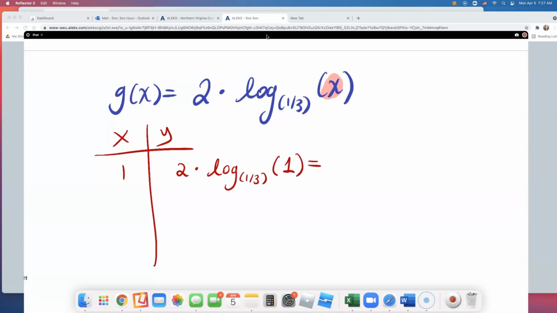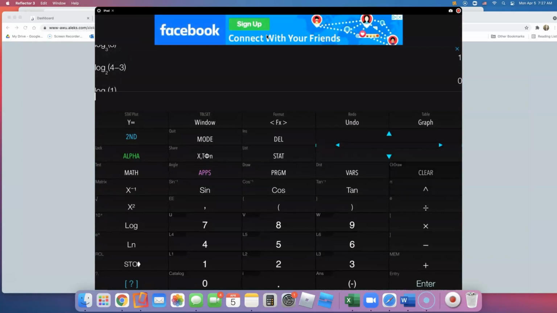It's too early in the morning, it's 7:30. I may just try to type this into my calculator. So I'll do 2 times log base 1/3, and plug in 1 in here. If I hit enter, that is 0.